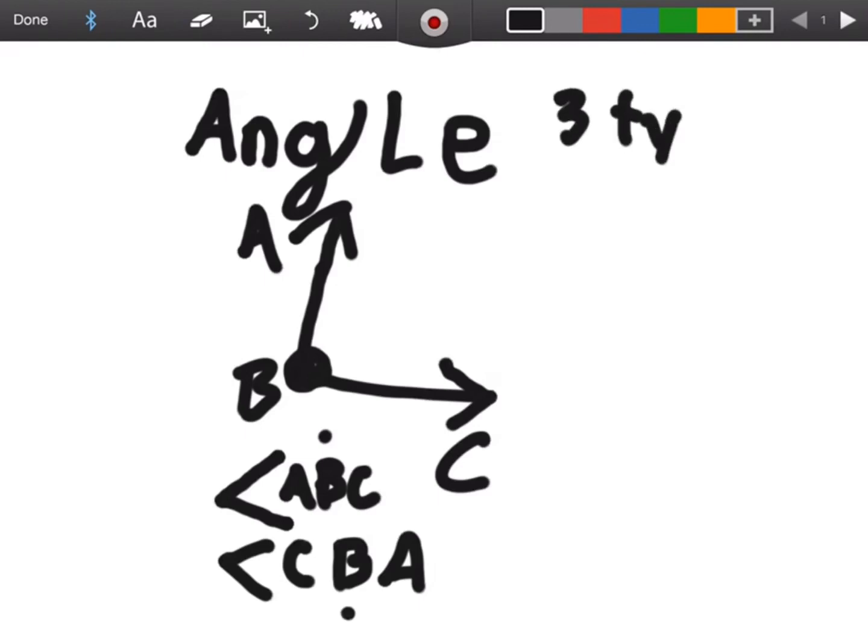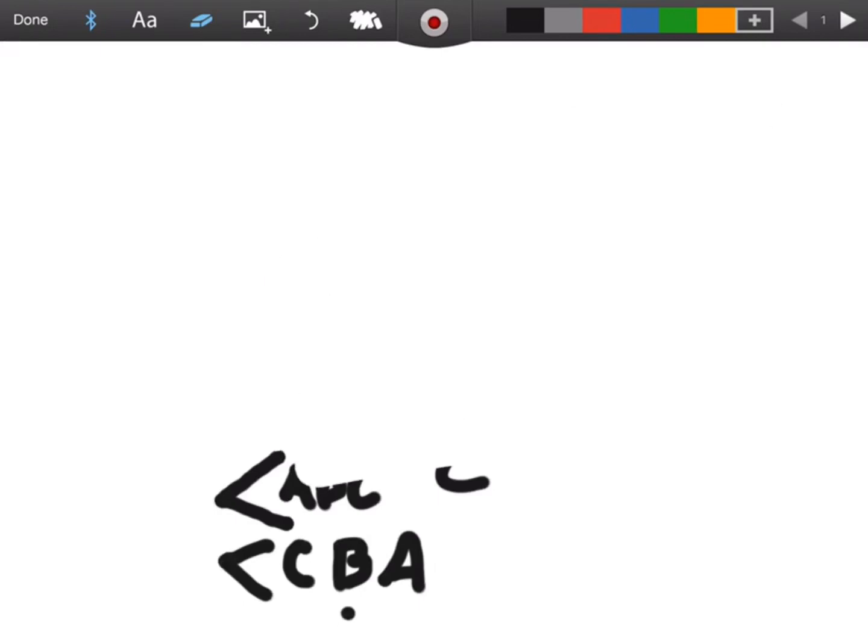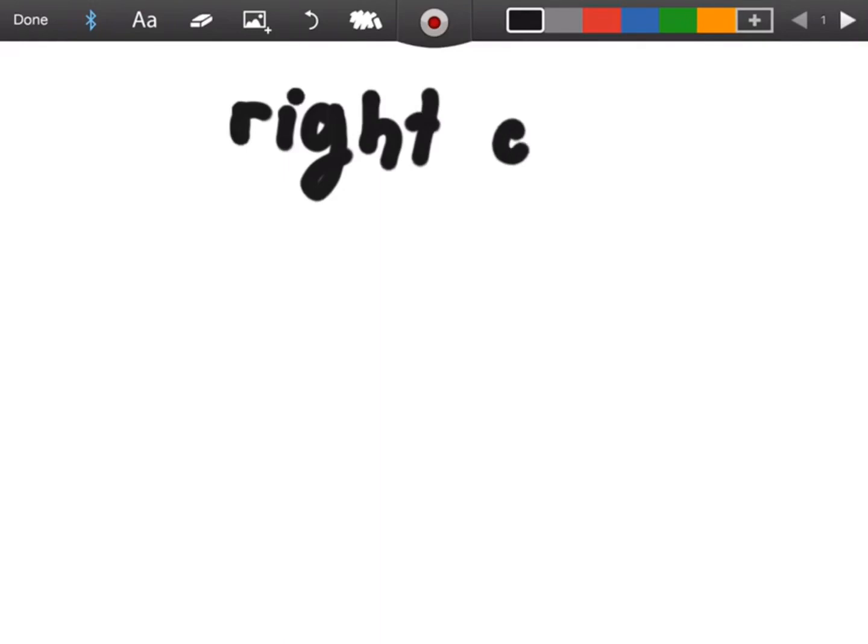And there are three types of angles. Let me erase this and show you guys what the three types of angles look like. One of them is called a right angle.